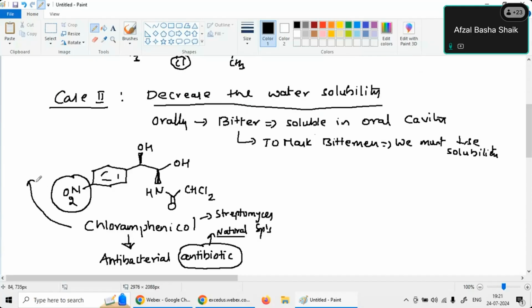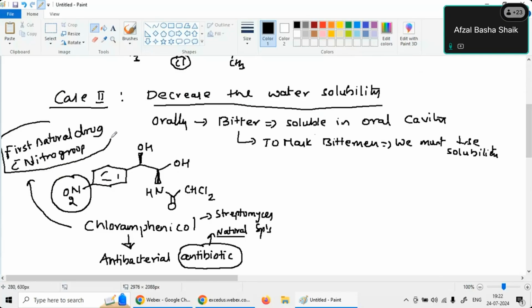This is the important, or we can say first, natural drug with a nitro group. This is one of the specialities of the chloramphenicol molecule.